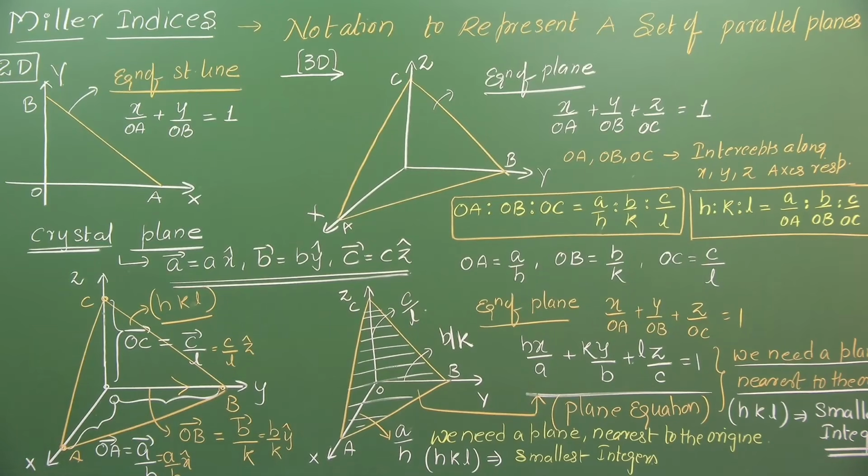So, we have to remember that ratio equation, H is to K is to L equal to A by OA is to B by OB is to C by OC, or OA is to OB is to OC equal to A by H is to B by K is to C by L, where HKL is the Miller indices.